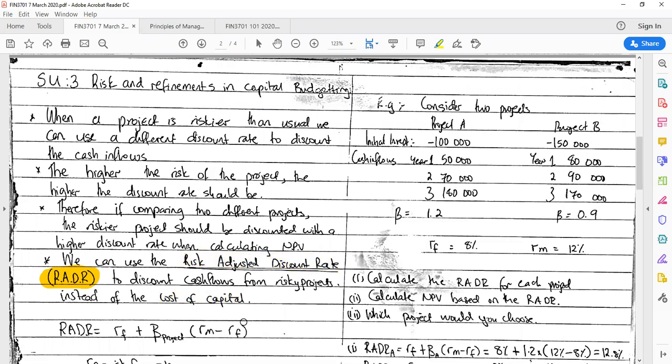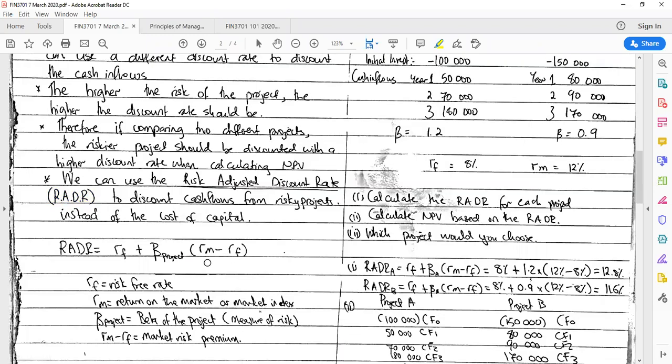So the general formula to calculate this risk-adjusted discount rate is given right here on the screen. RADR = RF + B_project × (RM − RF).